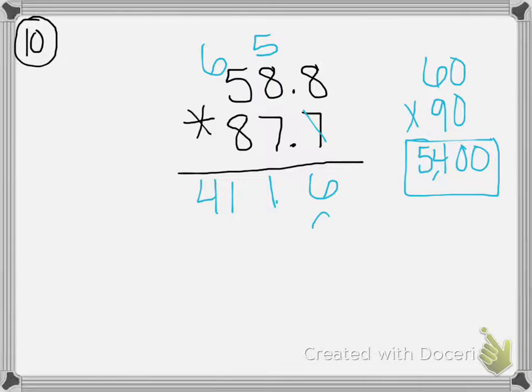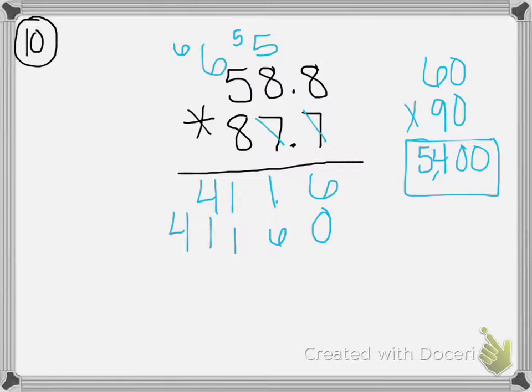Since it's the tens, we have to add a 0. 7 times 8, again, is 56. Carry the 5. 7 times 8 is 56, plus 1, 61. Carry the 6. 7 times 5 is 35, plus 6, 41. Done with the 7.